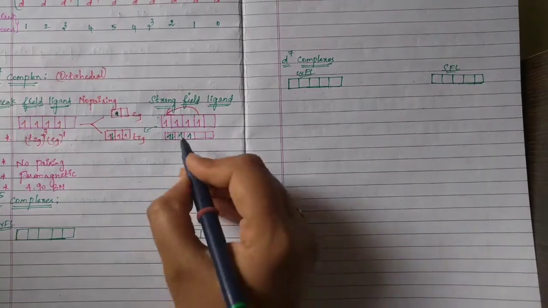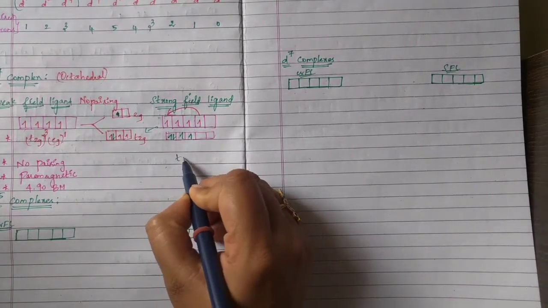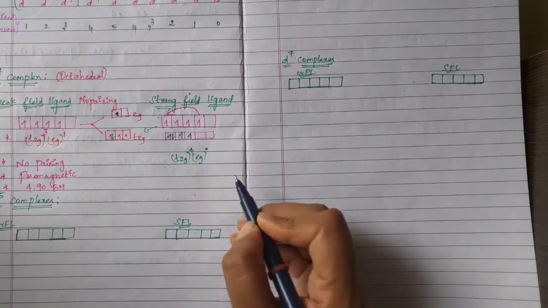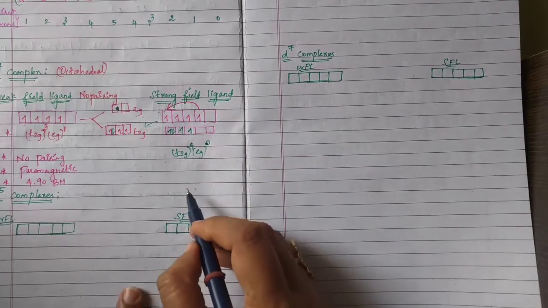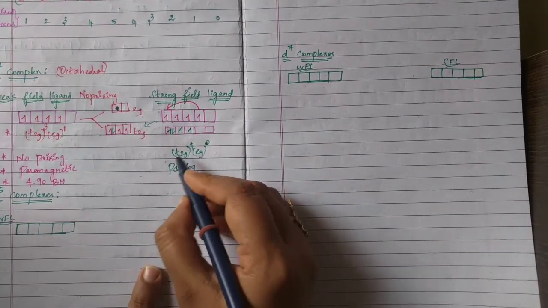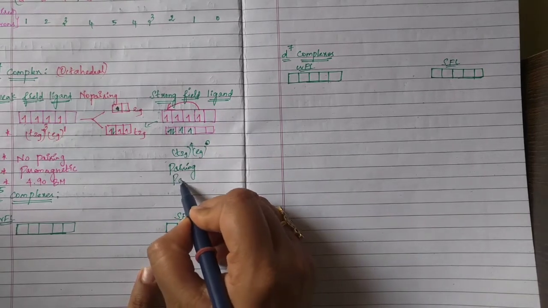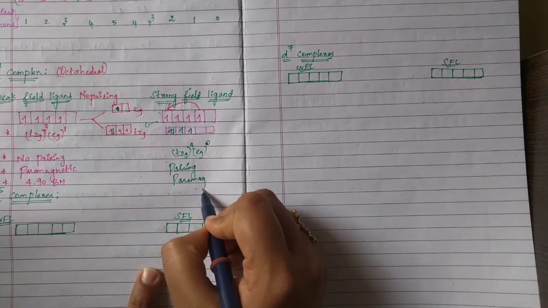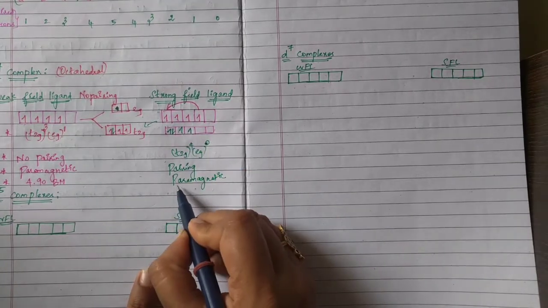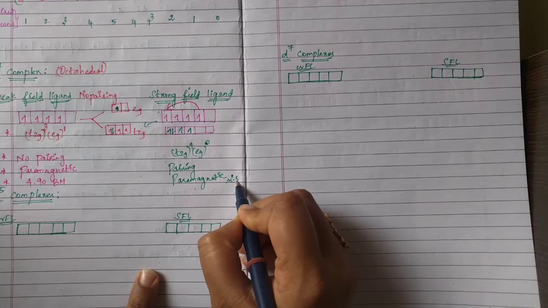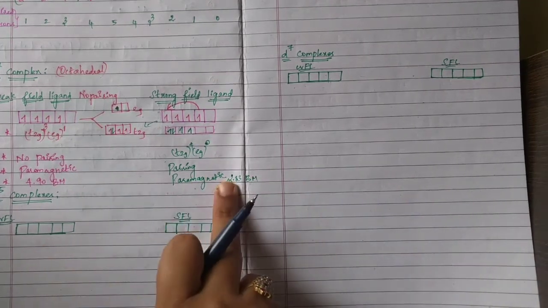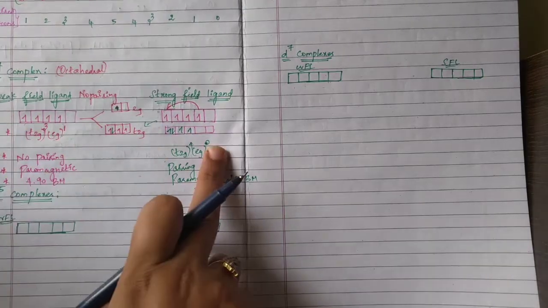Now the configuration is t2g4 eg0. It has two unpaired electrons, so it is paramagnetic, and the magnetic moment value is 2.83 Bohr magneton. These are the differences because of the effect of ligands.